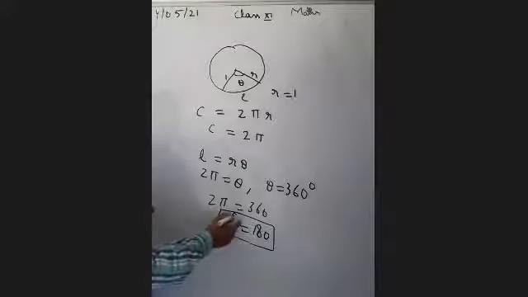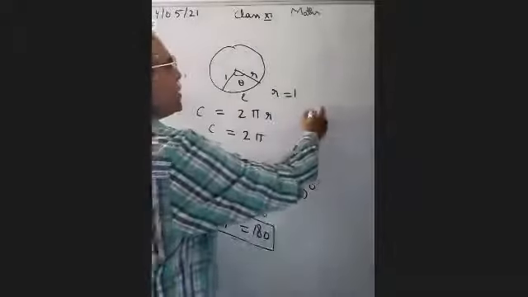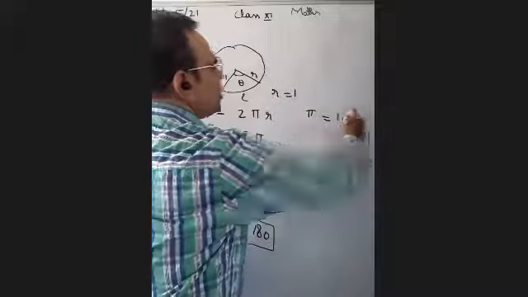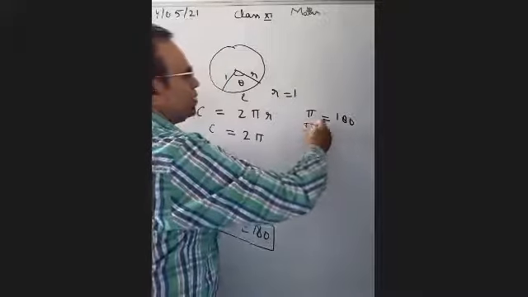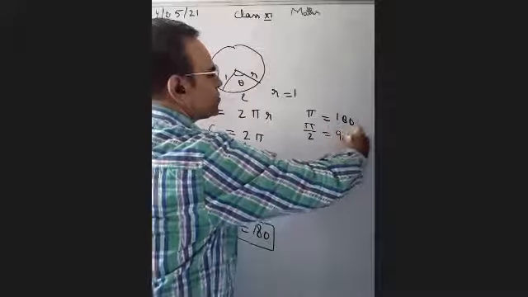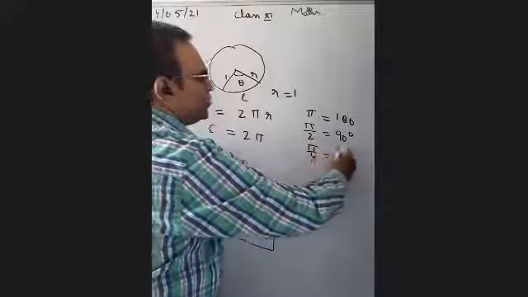ठीक है, pi radian equal to 180 degrees, or just remember pi is equal to 180. So you just observe pi upon 2, यानी कि half we do, तो pi upon 2 is equal to 90 degrees. Pi upon 4 will be 45 degrees.